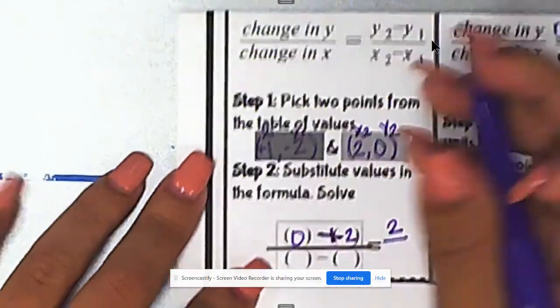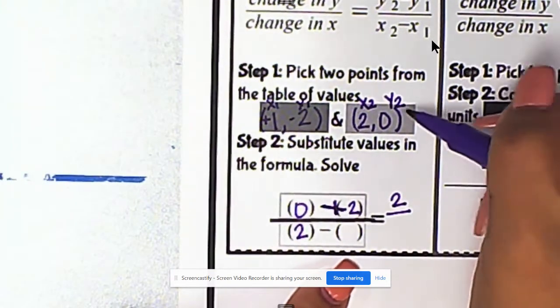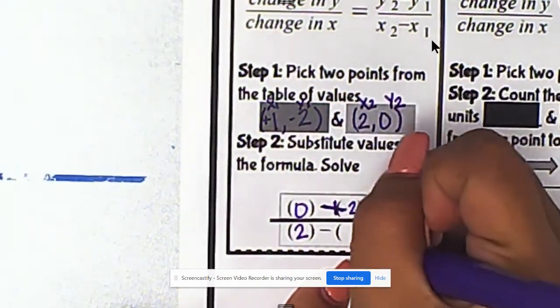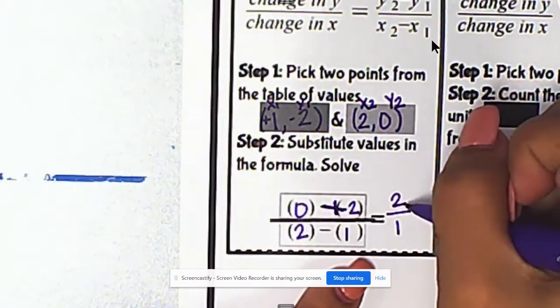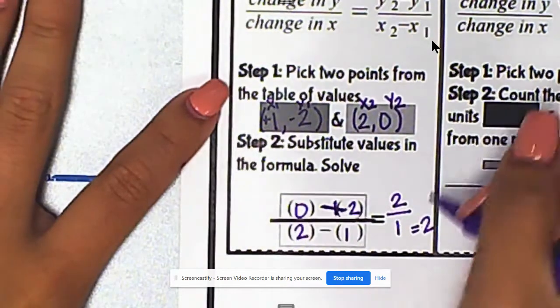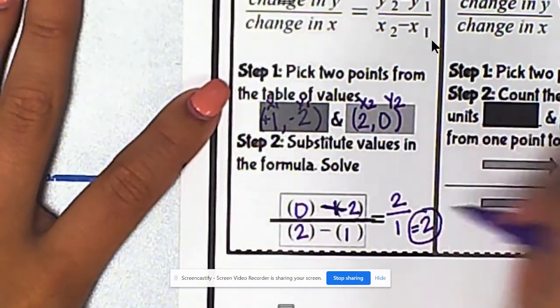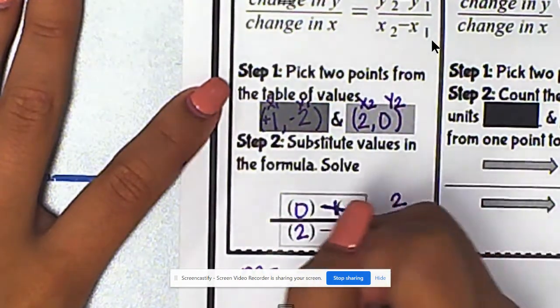My x2 is 2 minus x1, which is 1. So 2 minus 1 is 1, and then 2 divided by 1 is 2. So my slope is 2.